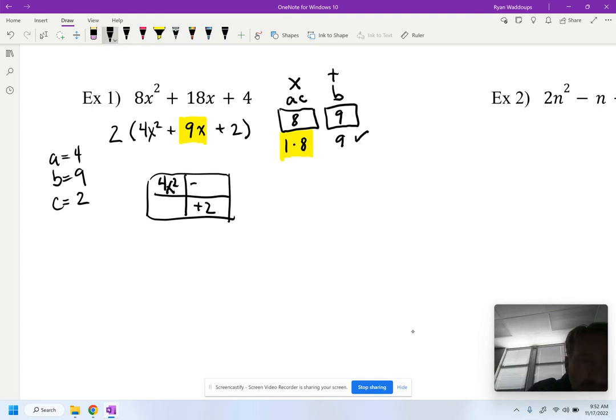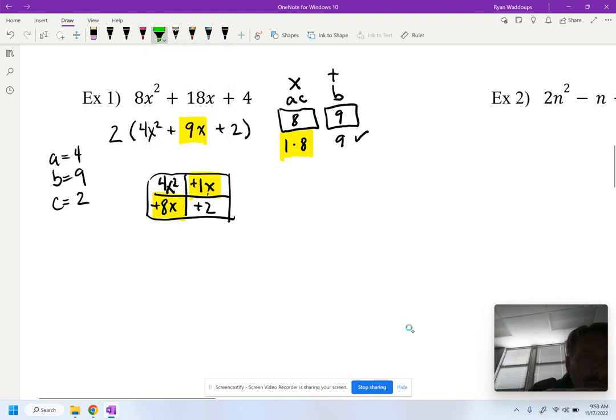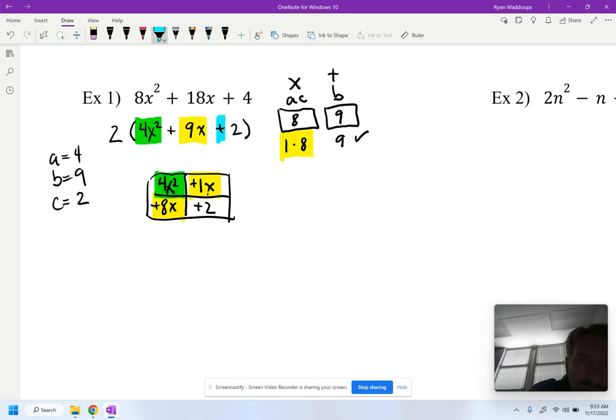So this is plus 1x. You could also just write x and then plus 8x, because those two together, 1x plus 8x, is 9x. And so now everything is in the box that was in the second polynomial after factoring out the GCF.